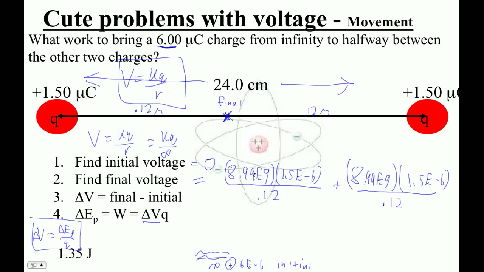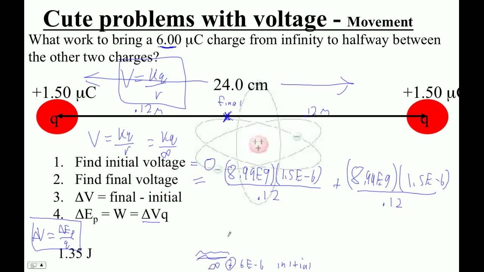Now, we could just say 2 times that, but I'm not going to, because I know what the next PowerPoint slide says. Okay, so 8.99 E9 times 1.5 E minus 6 divided by 0.12 plus 8.99 E9 times 0.5 E minus 6 divided by 0.12.